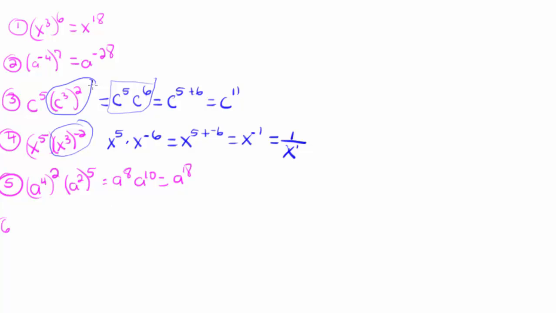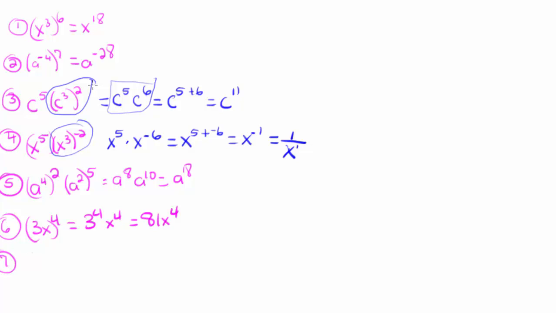So you have to remember lots of rules here. Now using raising a product to a power, 3x to the 4th, so everything inside is raised to the 4th. So 3 to the 4th is 81, x to the 4th.